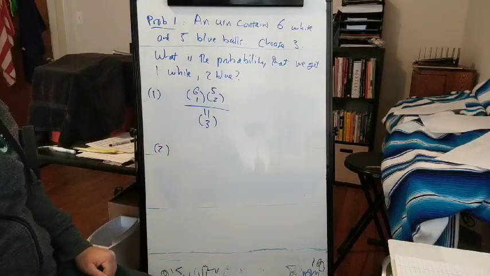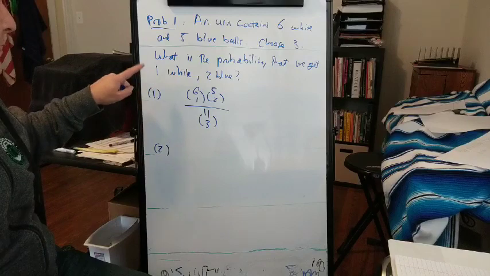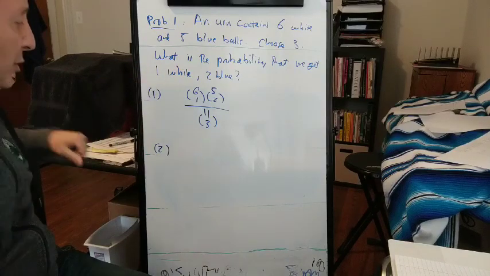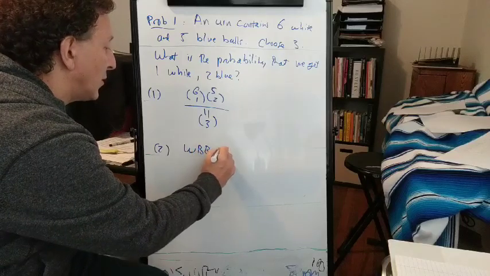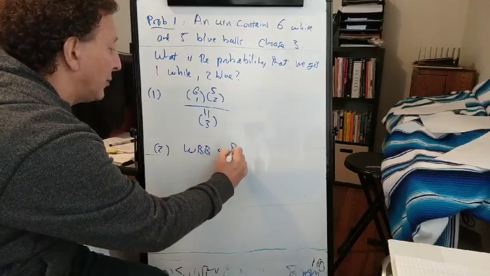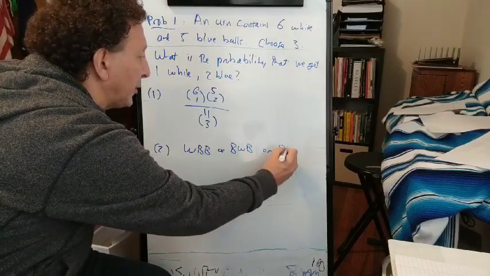Alright, so we could choose let's say the white ball first and then the two blue afterward. Or we could choose blue, white, blue, or we could choose blue, blue, white.